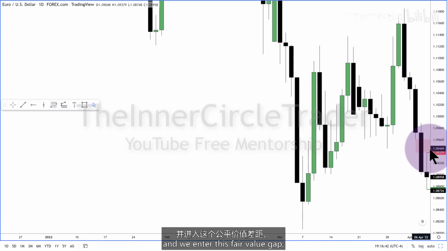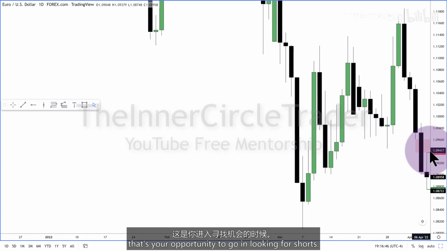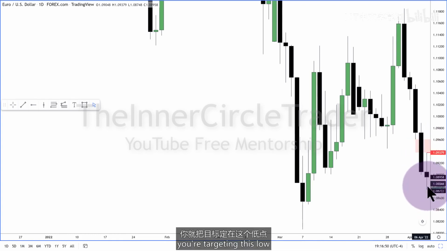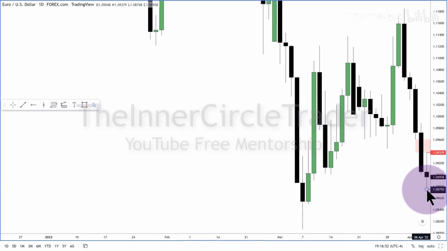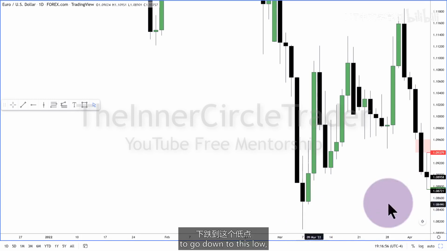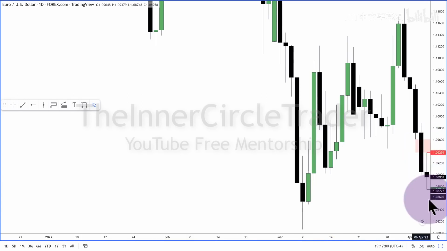So if we go up here and we enter this fair value gap, that's your opportunity to go in looking for shorts. Then if it starts to go down, you're targeting this low with the expectation. Why is it likely to do that? Because it may want to go down to this low, but this gives you a nice range of potential profitability.